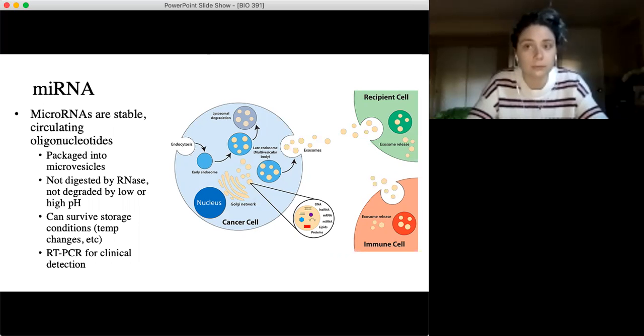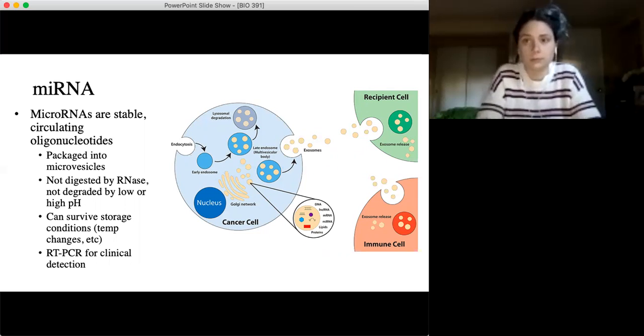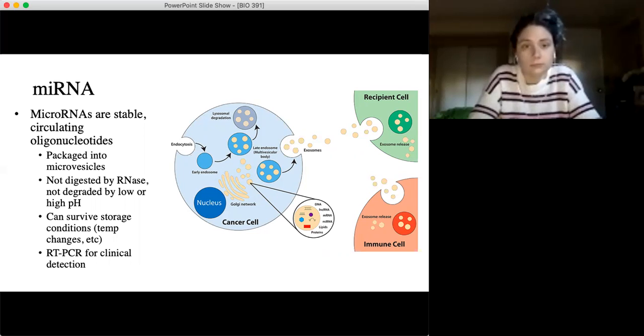They can also withstand temperature changes, going from hot to cold, back and forth, which is really useful for lab and clinical settings where a sample might need to be put in the fridge, taken out, heated up, back and forth. Because these are RNA and not DNA, you have to use reverse transcription for PCR, but this is a pretty common practice, so that's not much of a problem. And these are also released via apoptosis, necrosis, or secretion.